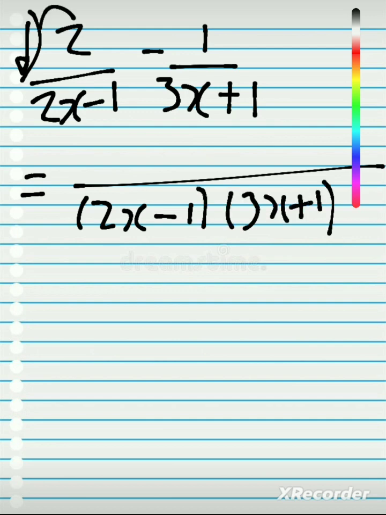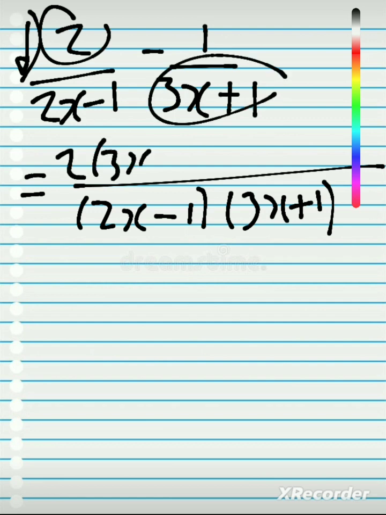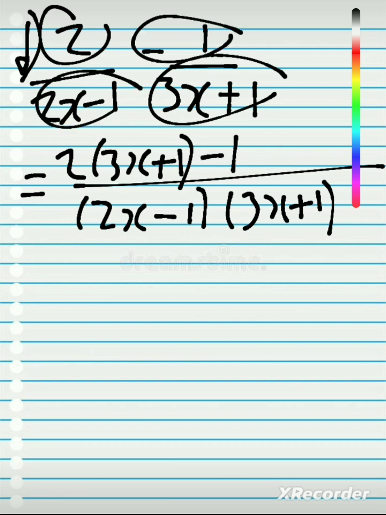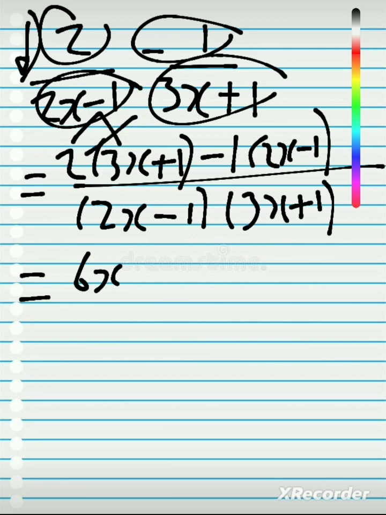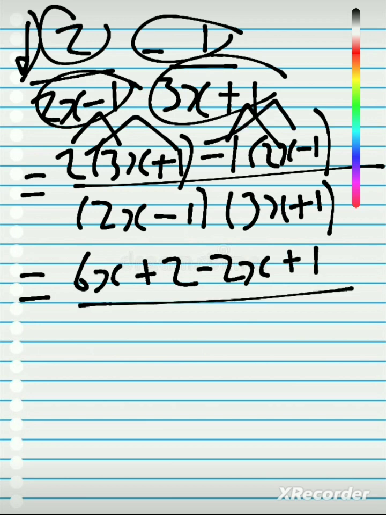Okay, then this times this, so it's going to be 2 times 3x plus 1, minus 1 times this 2x minus 1. Okay, so we expand the brackets. 2 times 3x, 6x. 2 times positive 1, positive 2. Negative 1 times 2x, negative 2x. Negative 1 times negative 1, plus 1 over 2x minus 1, 3x plus 1.